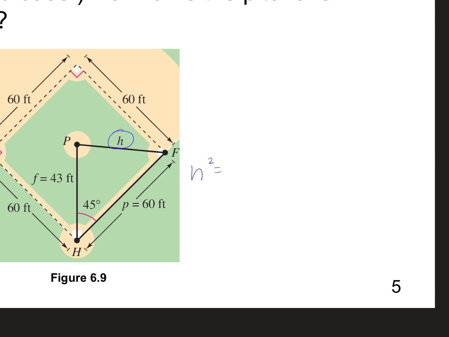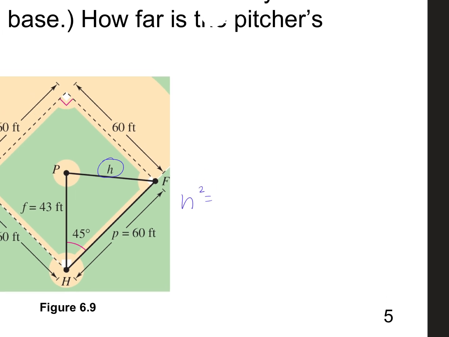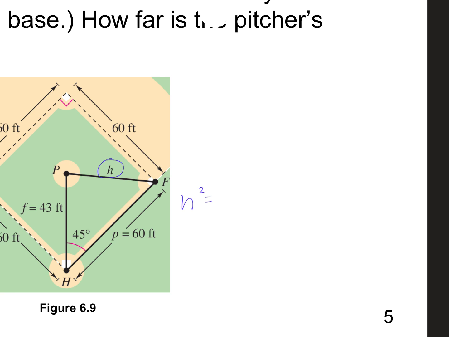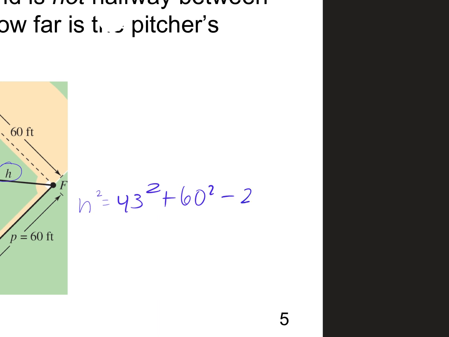So what's my formula going to look like? What numbers would I plug in here? 43 squared plus 60 squared minus 2 times 43 times 60 times the cosine of 45. You guys agree with me?